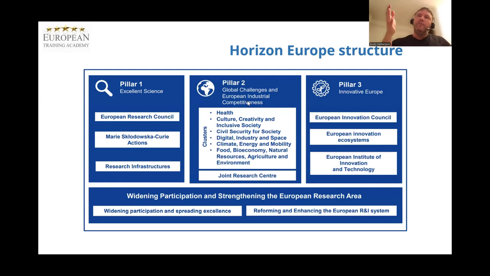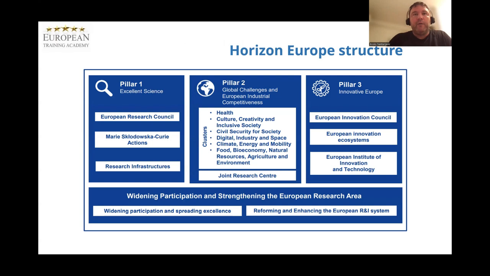Now, from this wide explanation, the cornerstone essentially of how EU funding works, I'm going to narrow down now to Horizon Europe and the European Innovation Council and the Accelerator Call.